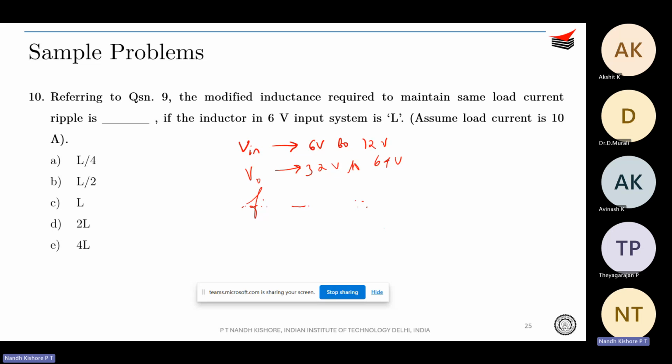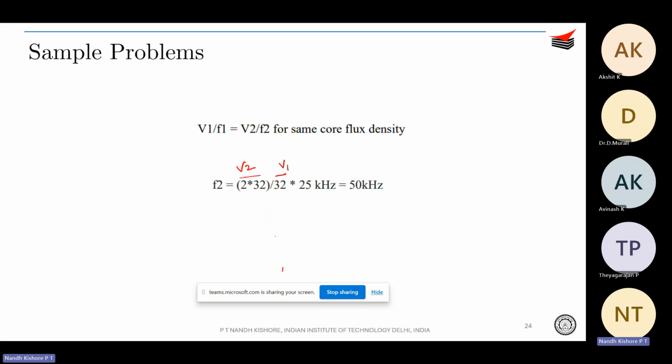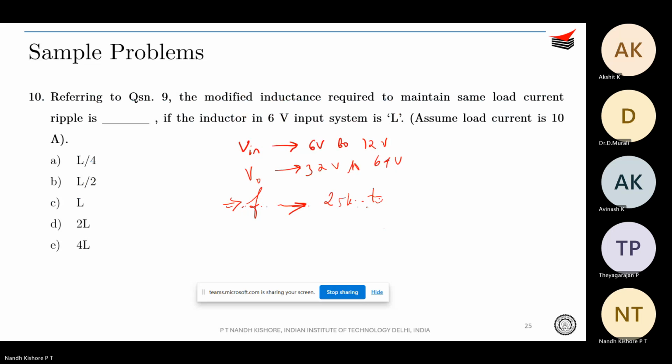And obviously we also saw that the frequency changed from 25 kilohertz to 50 kilohertz, correct? The question is, what should be done to L? So what would happen to L, if you want to maintain the same load current ripple?